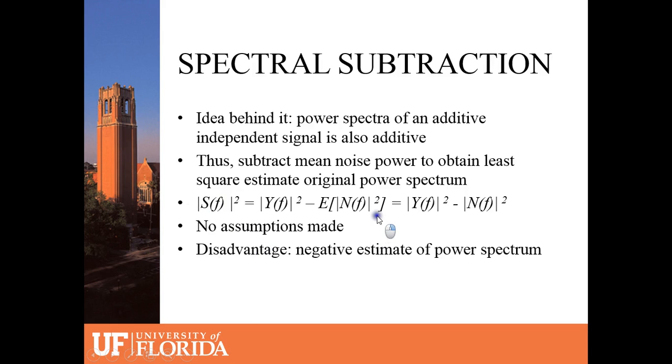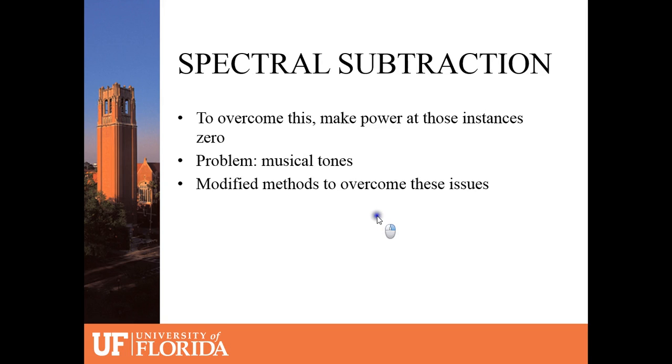The best thing about this spectral subtraction is that there's no assumptions made, and the disadvantages are that there are instances where the noise power is more than the signal power. So when we try to subtract the noise power from the signal power, we might get a negative estimate of the power spectrum.